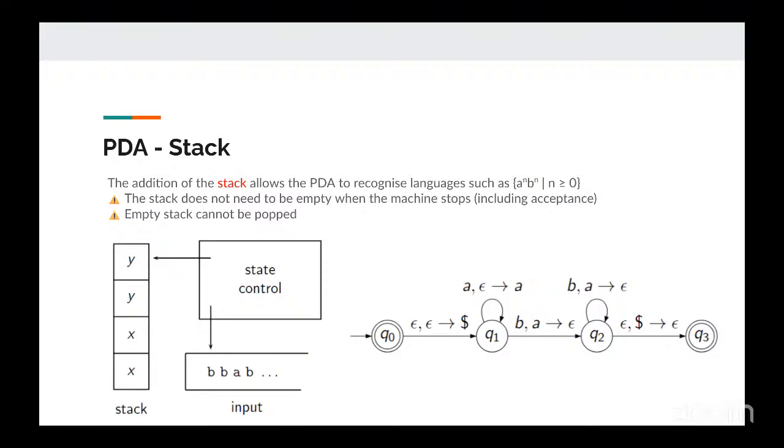This is how you can think of it, right? You've got your stack and your input, okay? And depending on what you receive in the input and what's on top of the stack, that tells you where to move. The addition of the stack. Okay, yeah, so this is a classic context-free language, A to the N, B to the N, okay? Because DFAs and NFAs don't have memory, right? We can't accept this language with a DFA.